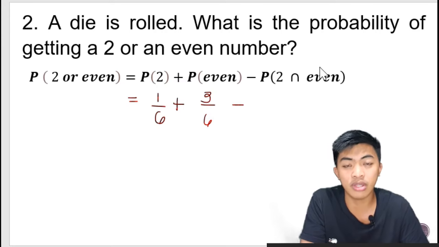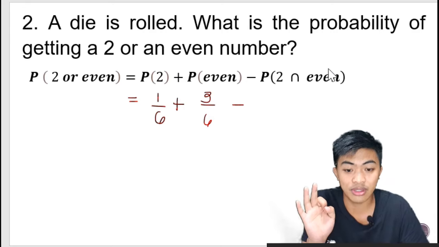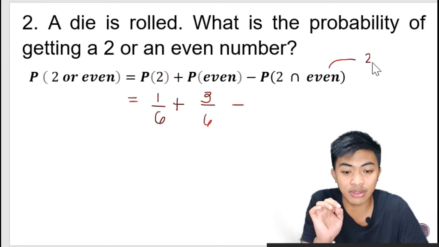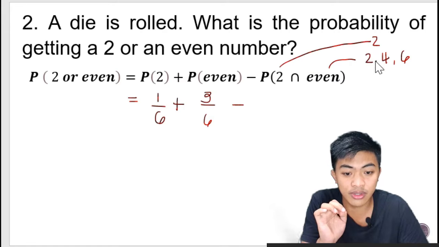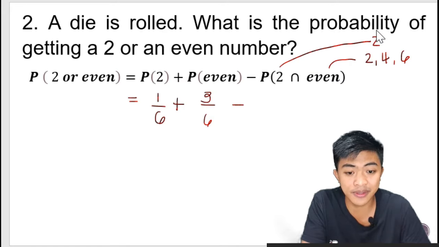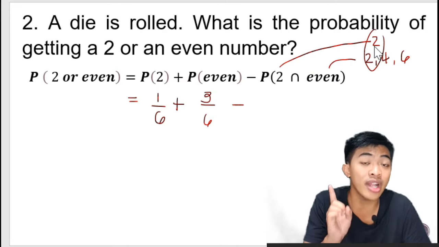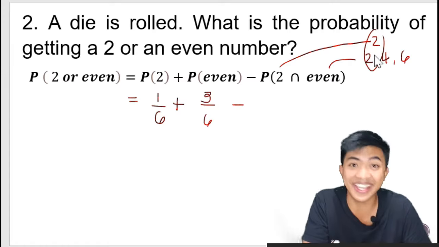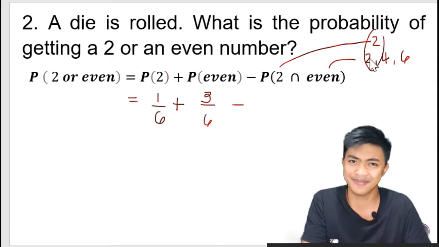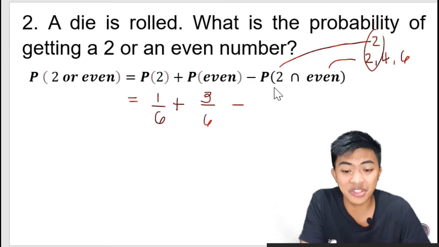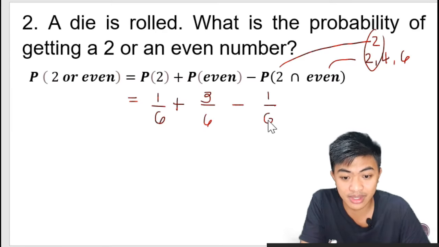Okay, so there are 3 even numbers. Those 3 even numbers are 2, 4, 6. And we have here another outcome, which is 2. So this is the intersection, and we only have one outcome, 2, which is an even number. So actually the intersection of 2 and even is 1/6.